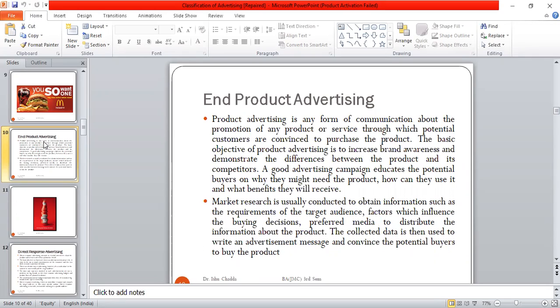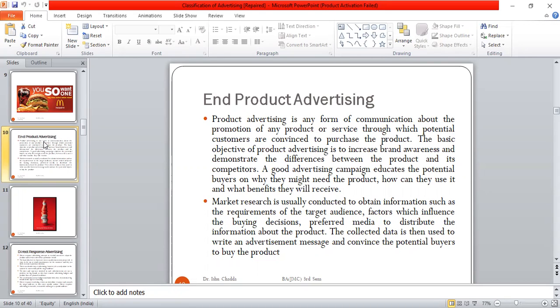So basically, you convey what more potential your product has as compared to another product, another competitor. Market research is usually conducted to obtain information such as the requirements of the target audience.